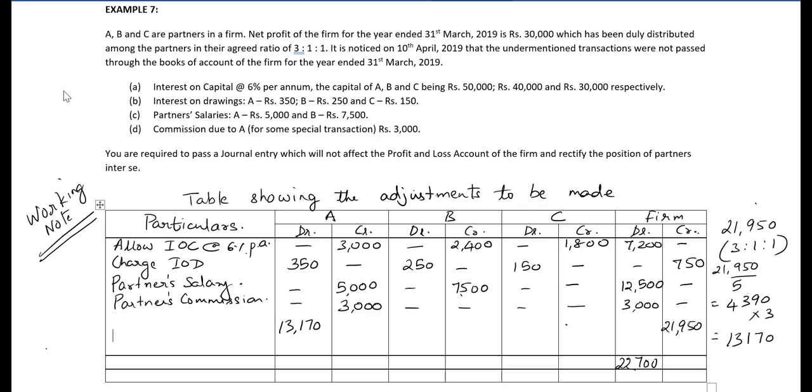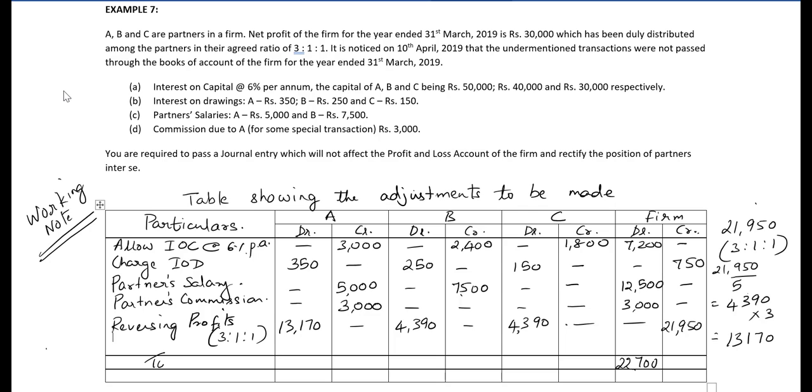And for each of B and C, it's 4,390 rupees. So since we've debited the partner and credited the firm, I'll write here reversing profits. And the ratio on which it was reversed is 3:1:1.